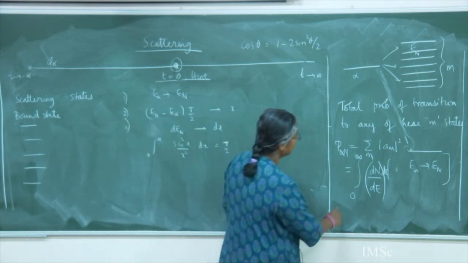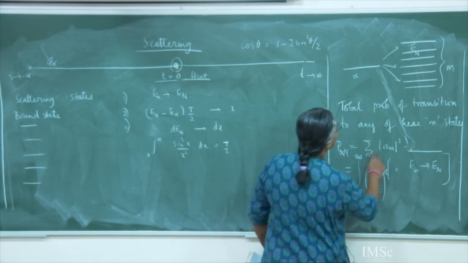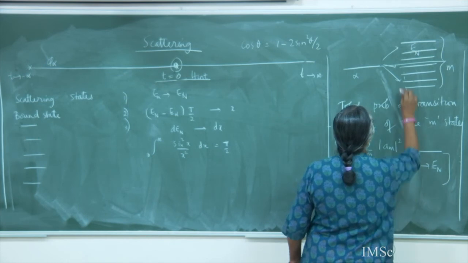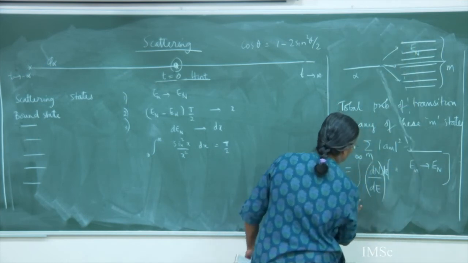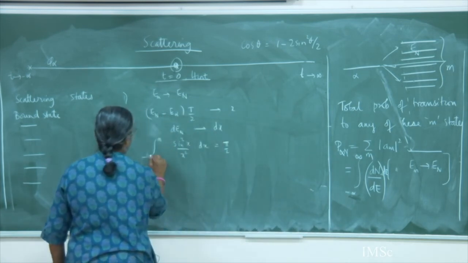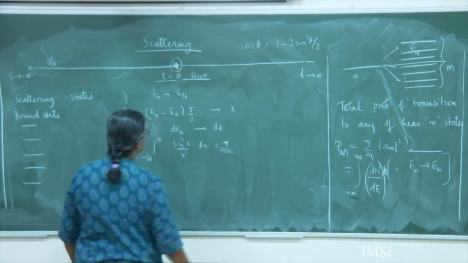Now, the states I number, this is alpha, so I will go infinity below alpha and infinity above alpha. So in fact I will take the energy from minus infinity to infinity. So this will be the answer.